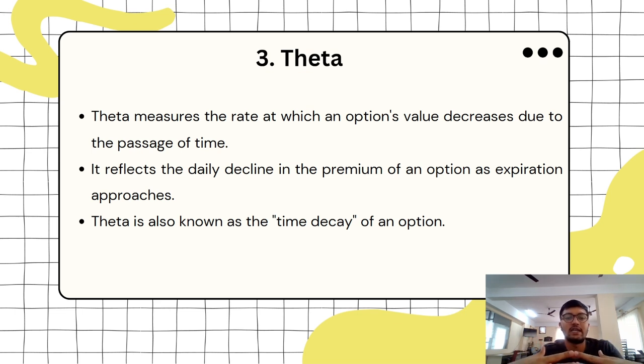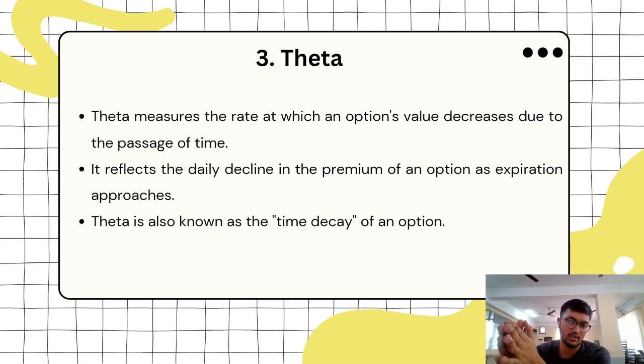It reflects the daily decline in the premium of an option as expiration approaches, for a contract which is going to expire on let's say 14th August. As an option buyer, there's a difference. You are paying the premium, and the premium is going to decrease. So it'll be negative for only those who are doing option buying.